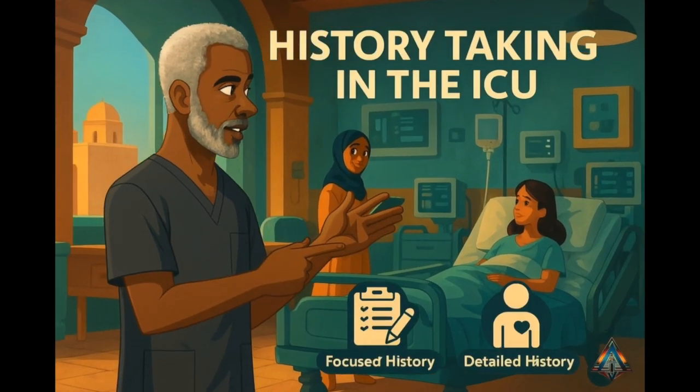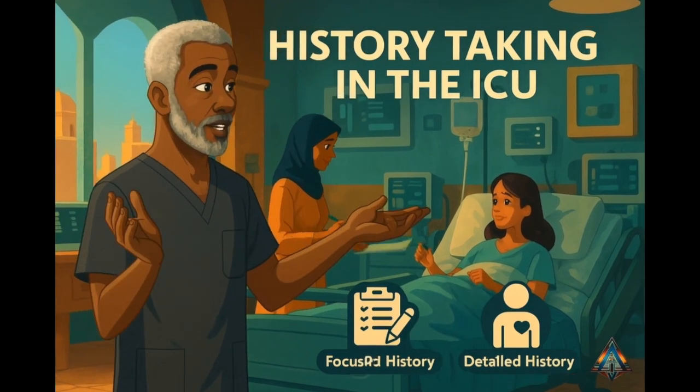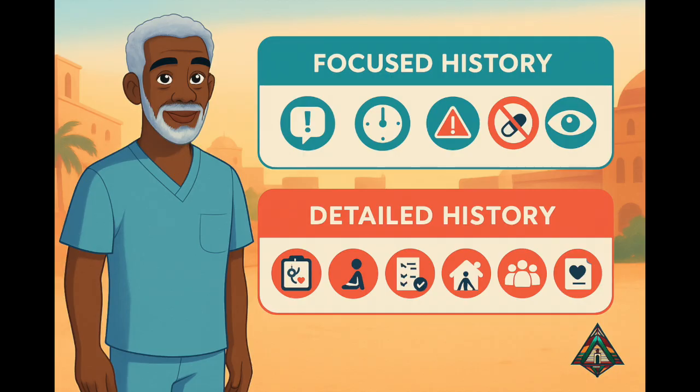History taking remains one of the most valuable components of assessing a critically ill patient, even in a highly monitored intensive care environment. It is essential to remember that monitors, charts, and laboratory values are only part of the story. The patient, whenever possible, should remain our primary source of information.